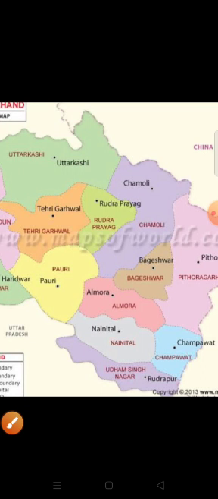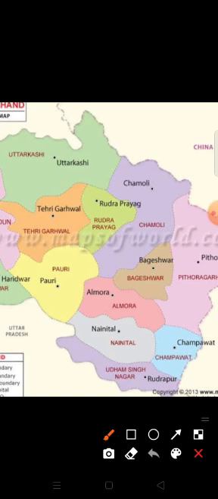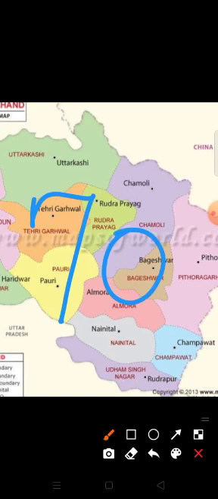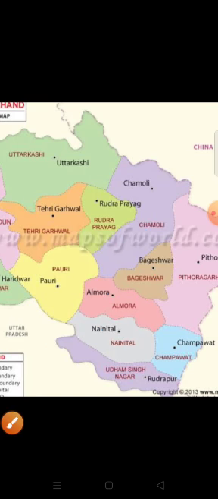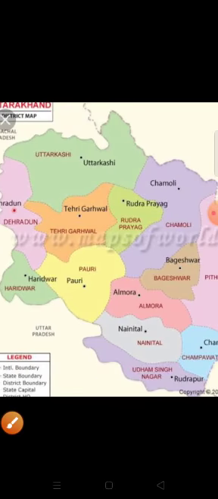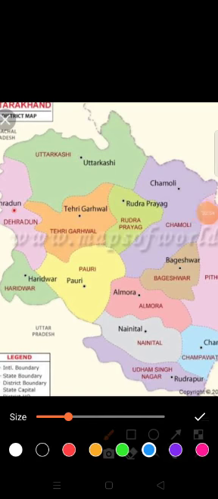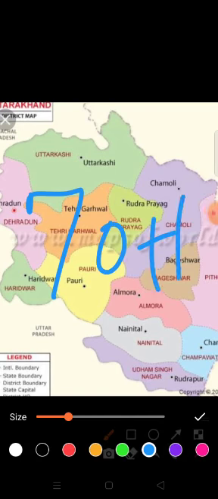So along the whole Uttarakhand we have 70 seats. How many districts do we have? 13 districts we have. And 70 plus 1 MLA, the 1 related to the Anglo-Indian community.